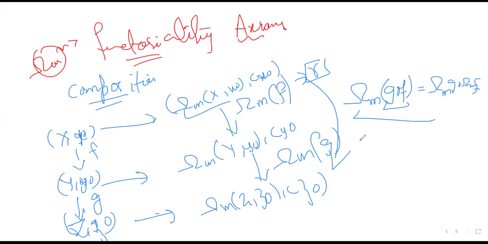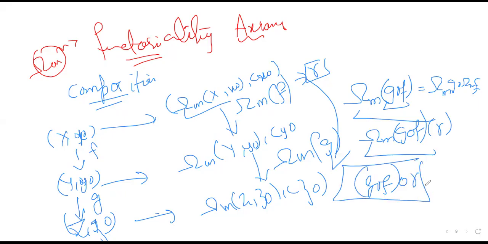So substitute in this morphism. Ω^m(g∘f) of gamma, according to the definition, is (g∘f) composed with gamma. Okay, we get this. This belongs to this graph, which means this is a morphism from z0 to z0.